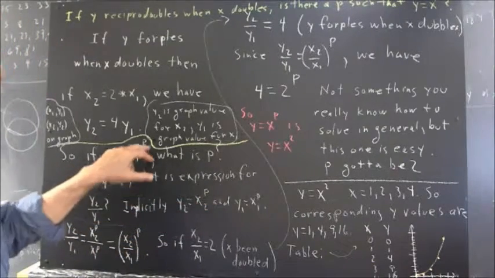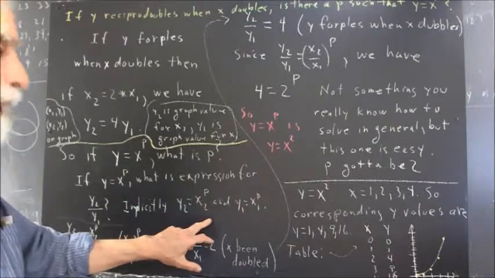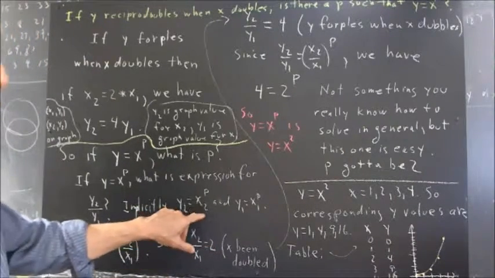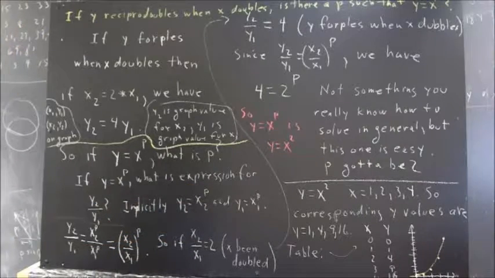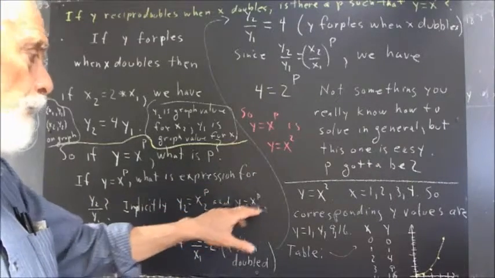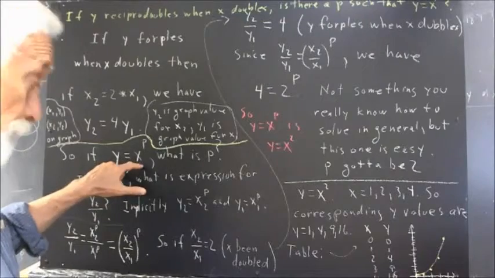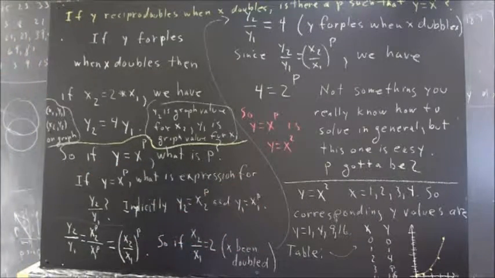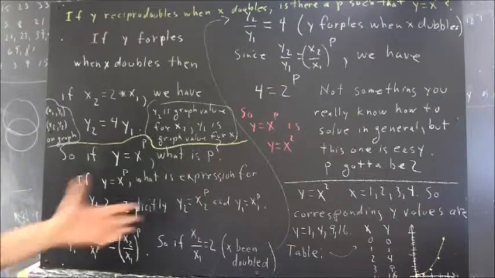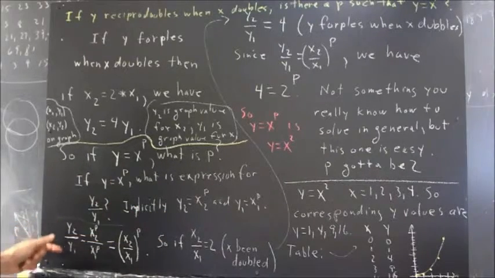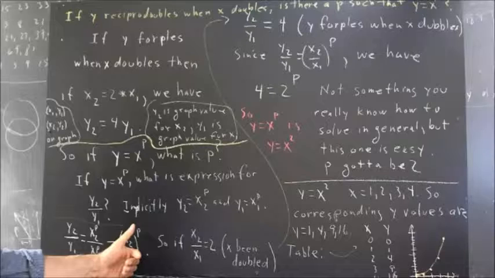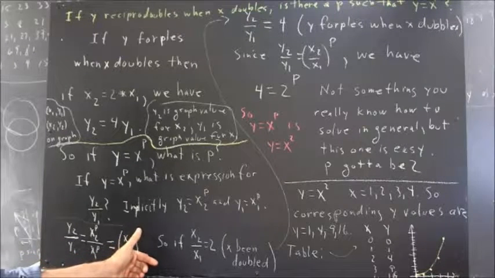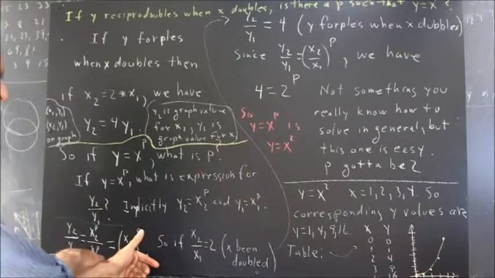If y equals x to the p and y2 corresponds to x2, then y2 has to be x2 to the p. And if y1 is the y value that corresponds to x1, y1 has to equal x1 raised to the p. Well, if that's so, then y2 divided by y1 is x2 to the p divided by x1 to the p.